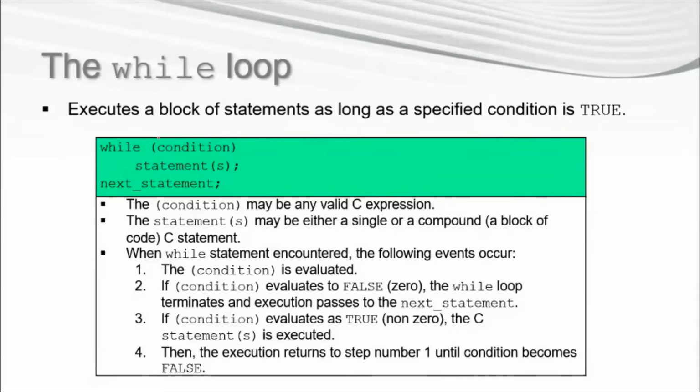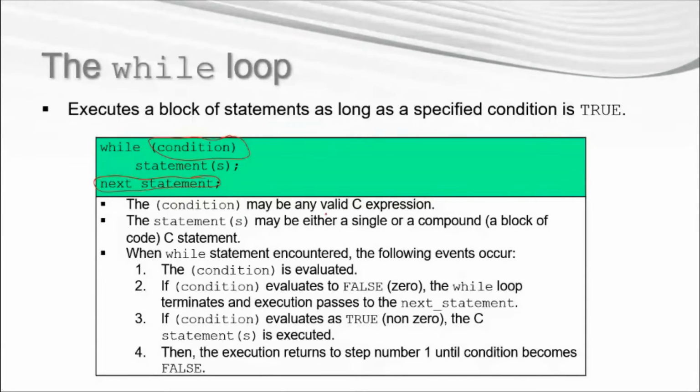Then the statements are the lines of C code that are to be executed until this condition is true. Once this condition becomes false, the loop terminates and it goes to the next statement. This is how a while loop works.